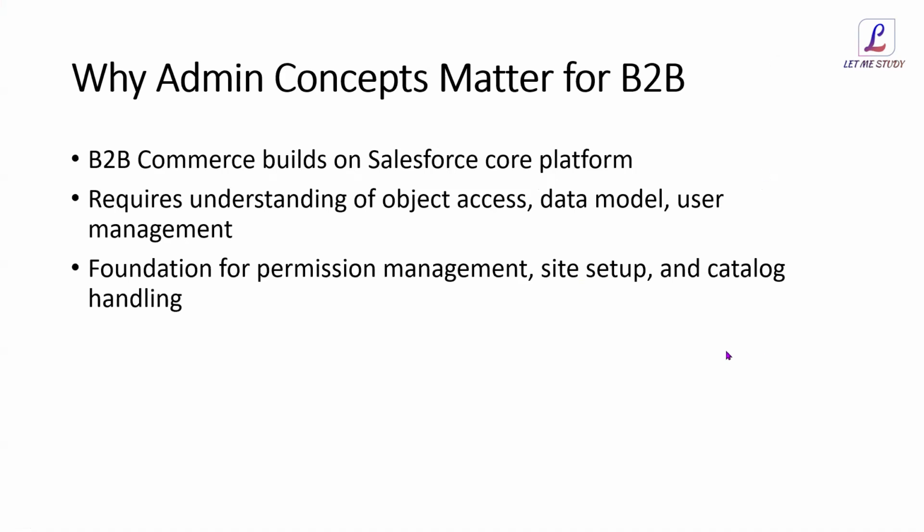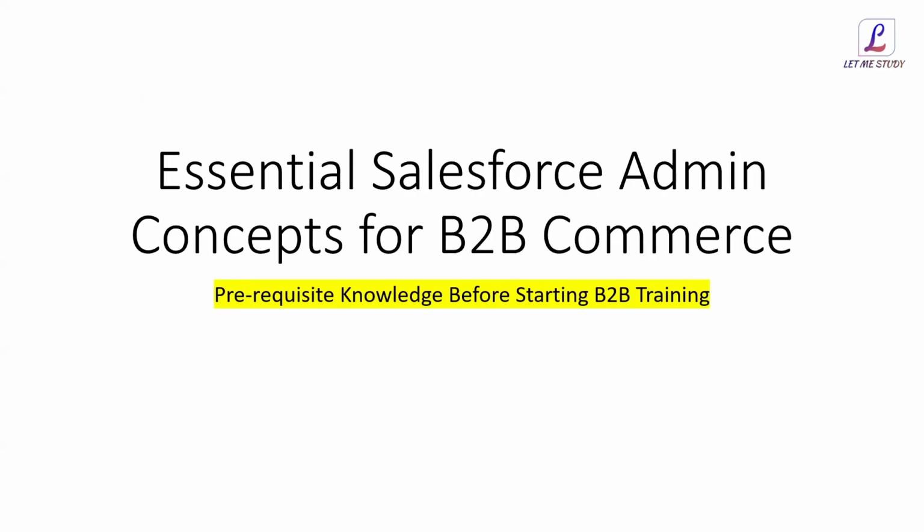Before I give you a demo of how B2B Commerce looks, I would like to give you a proper understanding of how the system works. First, there are a few orgs, which we call scratch orgs, developer orgs, and sandboxes in the Salesforce ecosystem.